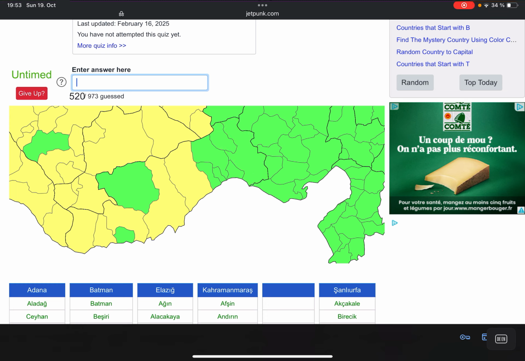Çamlıyayla, Erdemli, Silifke, Gülnar, something with B, which I'm blanking on. Is it Bozdoğan? No. I'll get to this one later, but this should be Anamur.